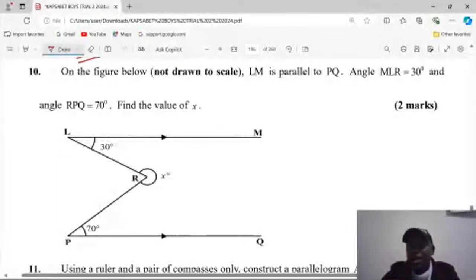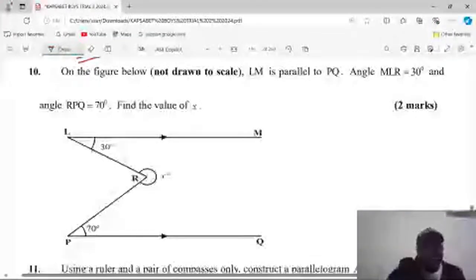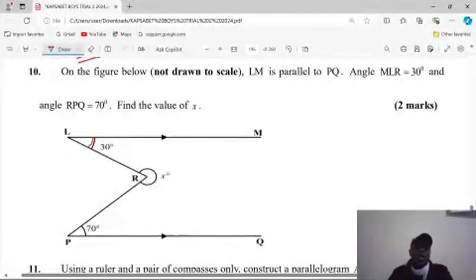Then there is angle MLR, 30 degrees, and there is also angle RPQ, 70 degrees, as you can see. Find the value of x, again for 2 marks.